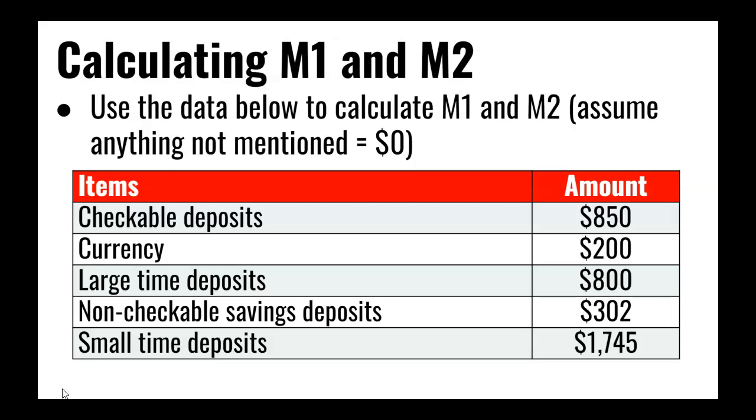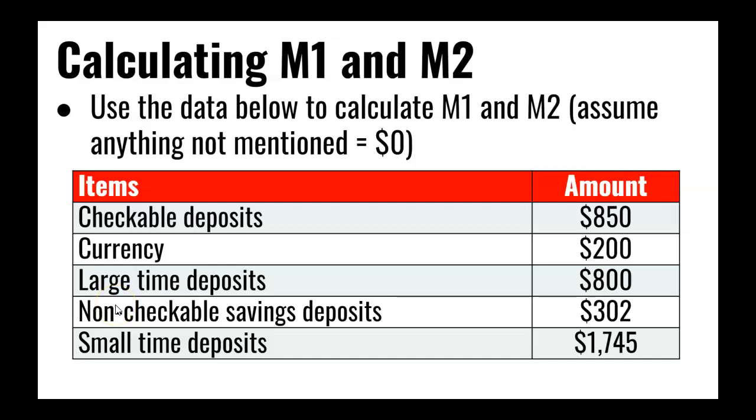Large time deposits might be like a 5-year CD. That means it's not available for purchase of goods and services. It's not M1. Non-checkable savings deposits, that's savings accounts that you can't write a check against, that's M1. Small time deposits, that might be a 6-month or a 9-month CD. Again, not M1. That's going to be M2, but it's not M1.